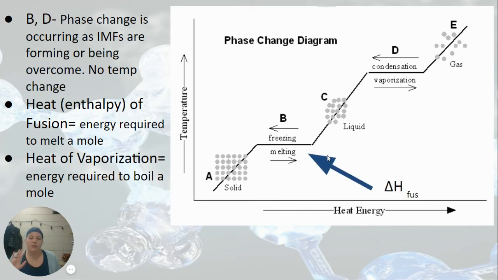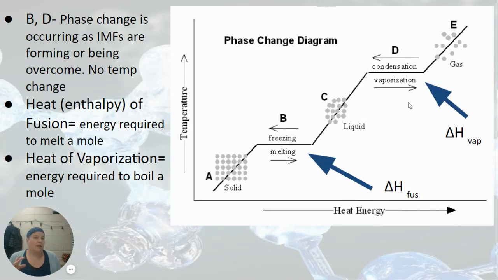Heat of fusion happens at this plateau, and it's how much energy it takes to make a mole of that stuff transition from one phase to the other. The heat of vaporization is the same idea, but it's happening at the boiling point instead of the freezing point. It's how much energy it takes to boil a mole of that substance.